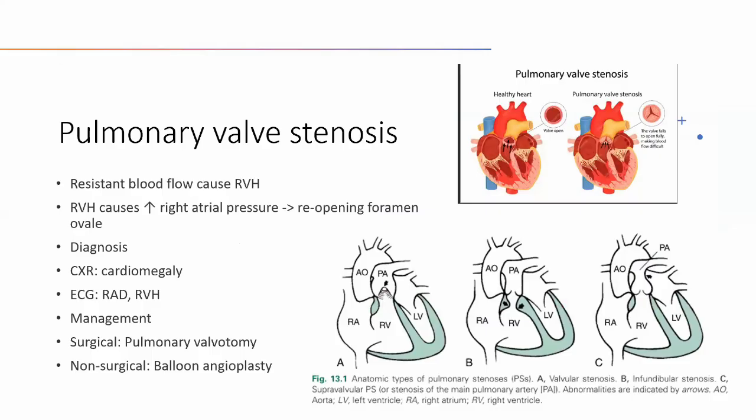And then in terms of pulmonary valve stenosis, obviously there's some resistant blood flow causing some right ventricular hypertrophy. So you get different types.